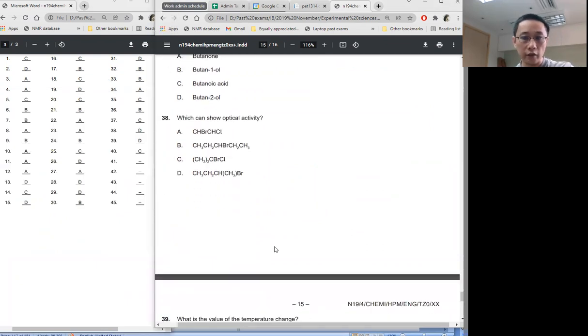Question 38. Optical activity is exhibited by chiral carbon atoms. Carbon atoms are chiral, in turn, by being bonded to 4 different atoms or groups. For this kind of question, you definitely should draw out the displayed formula for compounds whose structure is not too obvious, which means that you may actually need to draw out all 4.